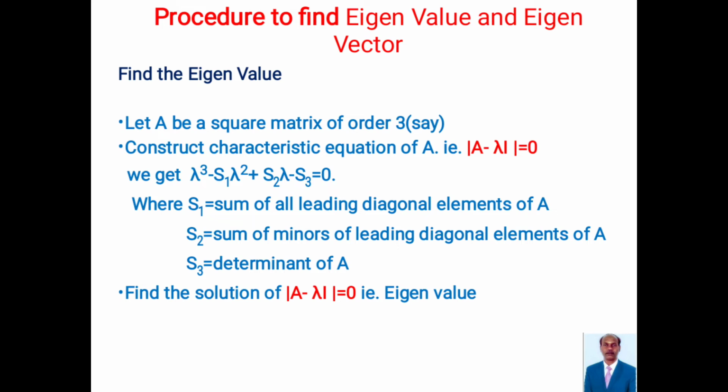What is s3? That is the determinant of the 3 cross 3 matrix A. So find the solution of the determinant of A minus lambda I equals 0, which gives the eigenvalues. After finding s1, s2, s3, we substitute them and find the eigenvalues.